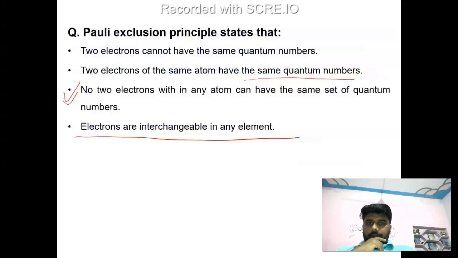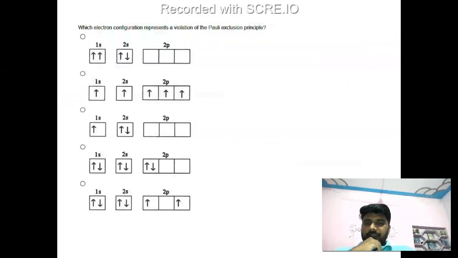On the basis of this principle, you have to identify the right option for this. Which electron configuration represents a violation of the Pauli exclusion principle? You are given these four electronic configurations. You have to identify which violates this principle.